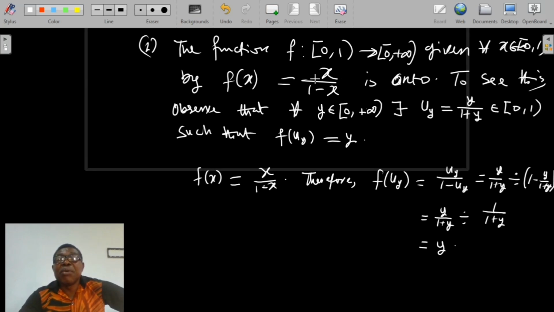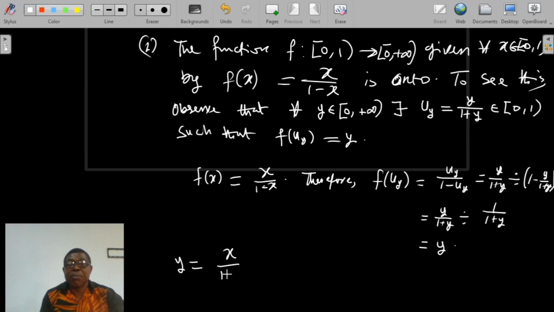The idea is going back to the definition of this function and assigning a value y to this and making x the subject. If you assign a value y equal to x over 1 minus x, you will observe that this will mean that y minus yx will be equal to x.